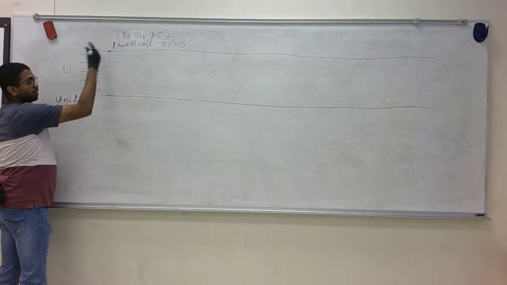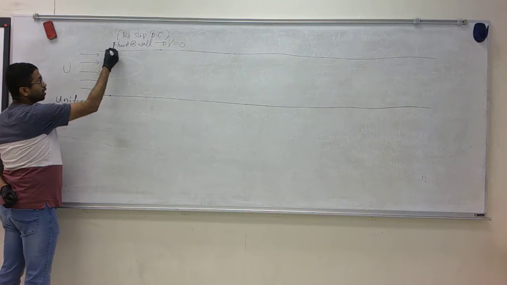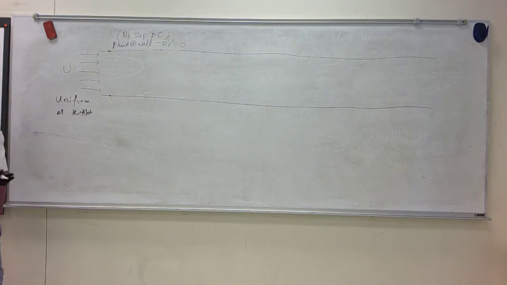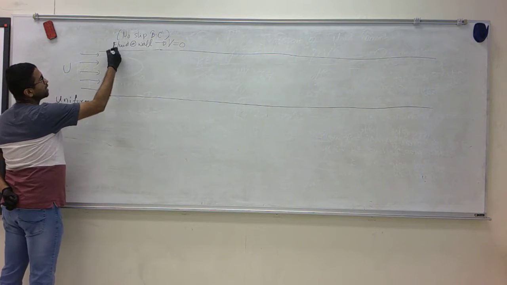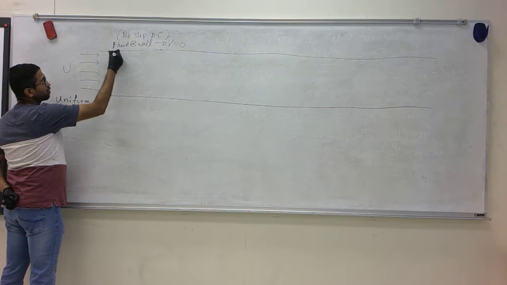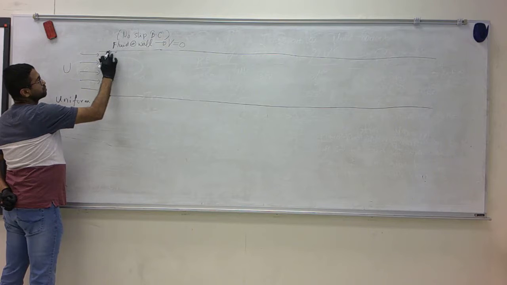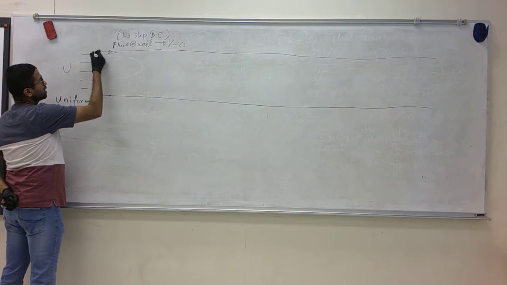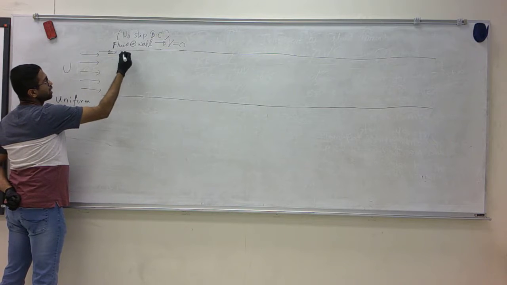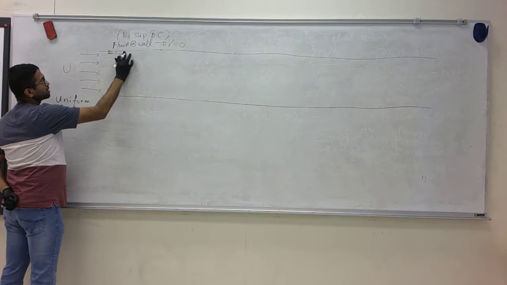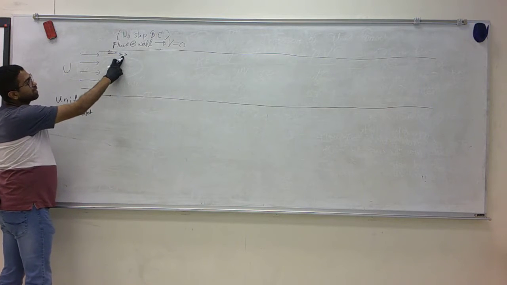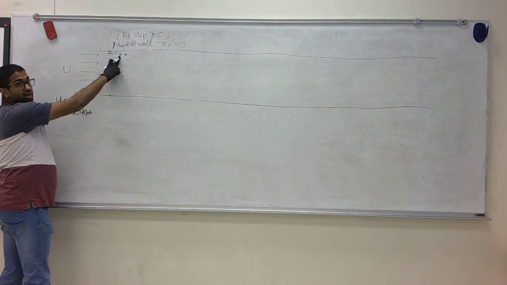So this layer of fluid, those molecules that are at the wall, they have a zero average velocity, and then what happens is they pull back on the adjacent layer of fluid. So instead of the adjacent layer being equal to the same velocity, it is now a little bit lesser. This should have been their velocity, but it is now lesser.